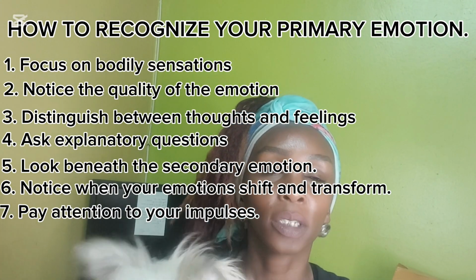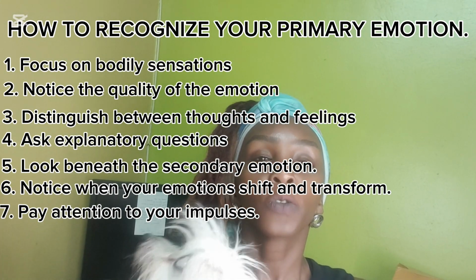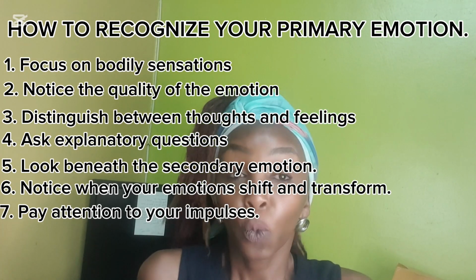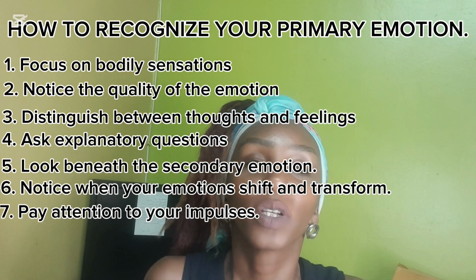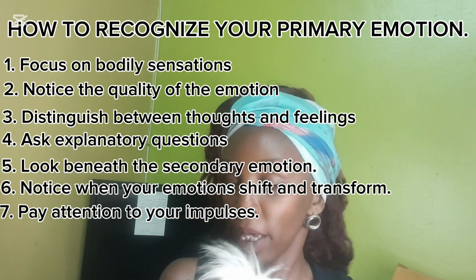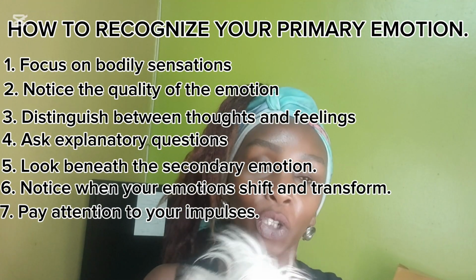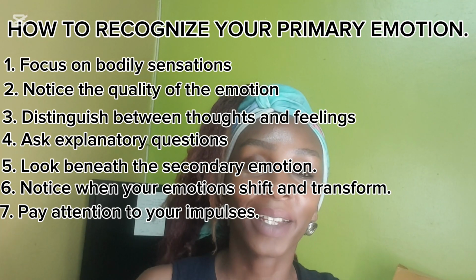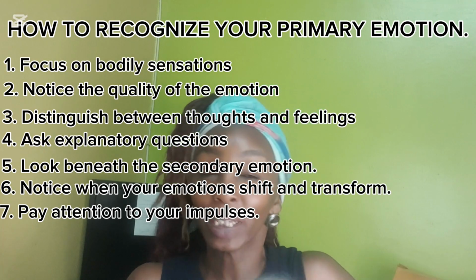You need to notice when you're feeling some sort of way, where you are, who you're with, and what are these things that are making you feel this way. Places, people, and things. Pay attention to these impulses, and that in itself will help you recognize your primary emotions.